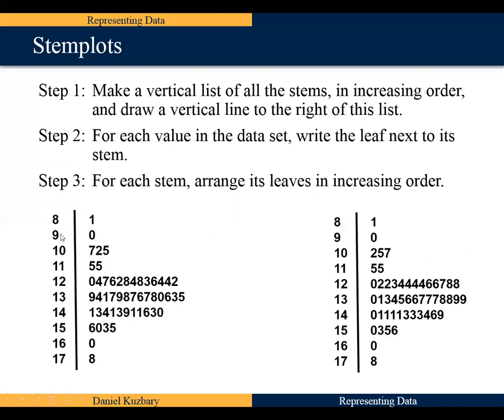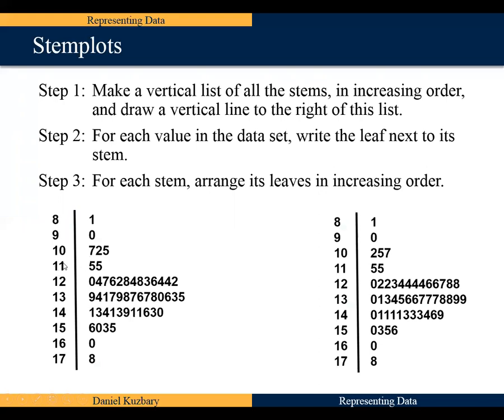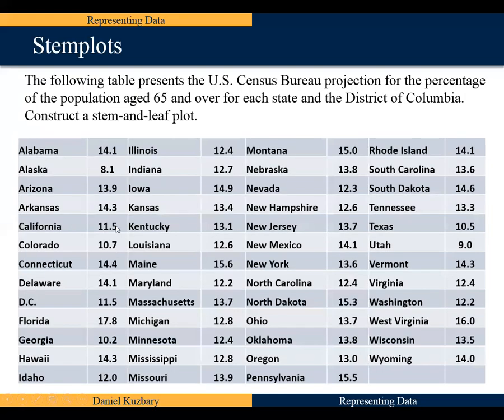The 9 is my stem, and the decimal 0 is my leaf. Even though it's a 0, I'm still going to put it on here. Then you just keep doing that. For 11.5, notice I have an 11, and then I have a 5 here, and then another 5. That's because there's an 11.5 right here, and there's also another 11.5 right here. So it's counted twice because there are 2 of them.